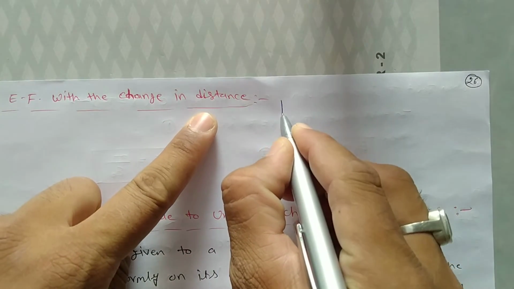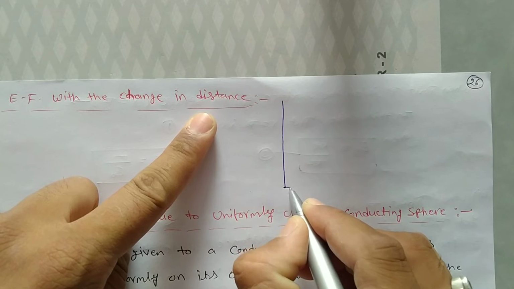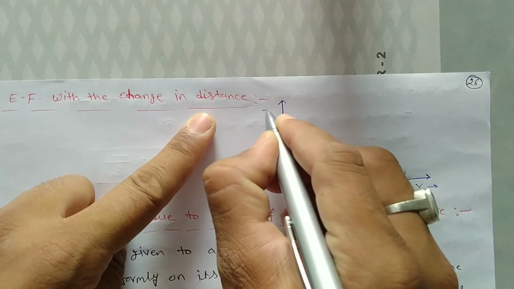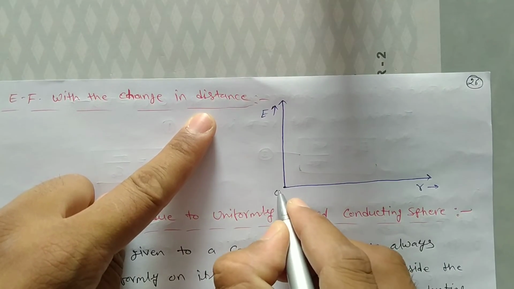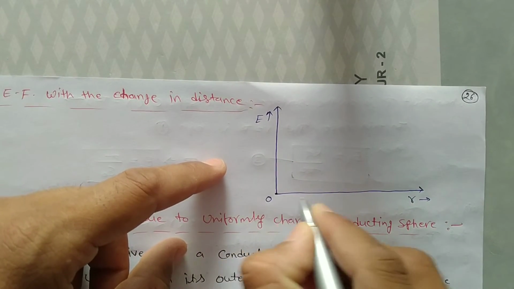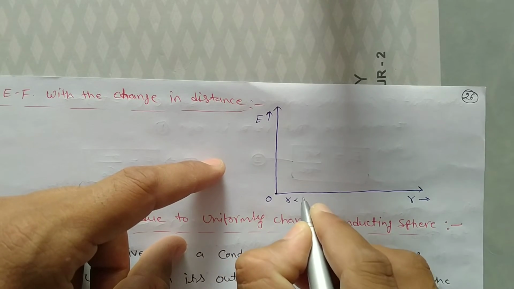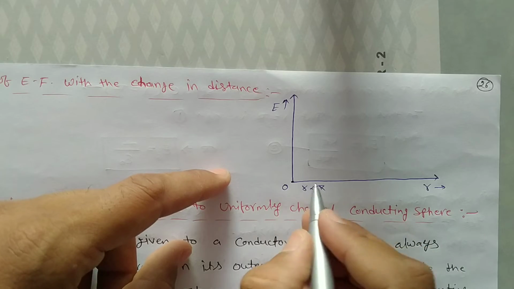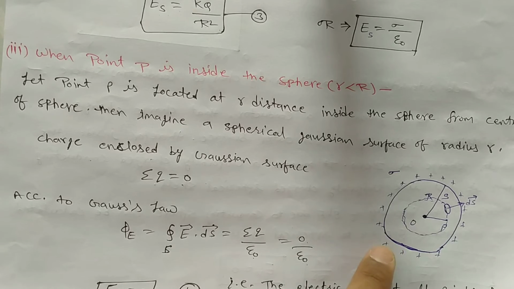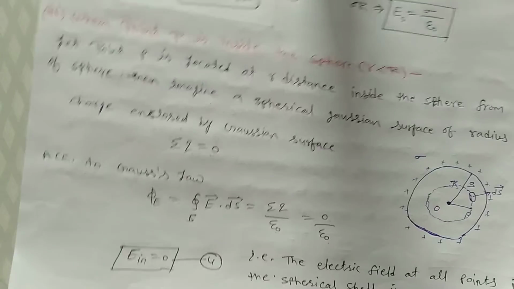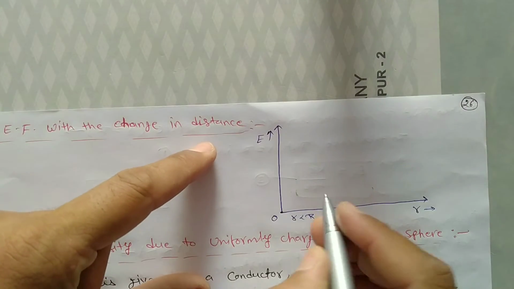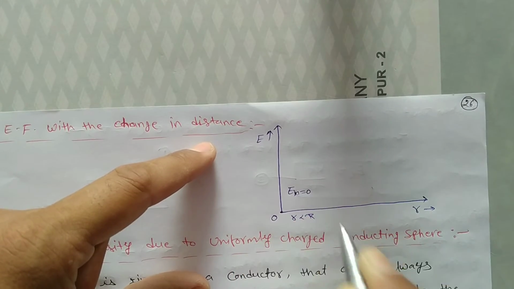We take distance on the x-axis and electric field intensity on the y-axis, and this is origin point O. Firstly, the inner part, small r less than capital R. We know that electric field intensity inside the spherical cell will be 0. E in is equal to 0. So for the inner part, E in is equal to 0.